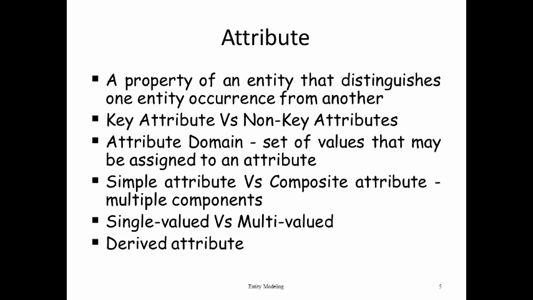So we have simple attributes, and then we have composite attributes. A simple attribute can only contain one atomic value. If you're looking at it from the perspective of composite attributes, then we can have more than one attribute forming what you'd like to fetch from the system as a description of an entity being represented from a single perspective. Like if it is name, we know very well that name has first name and last name.